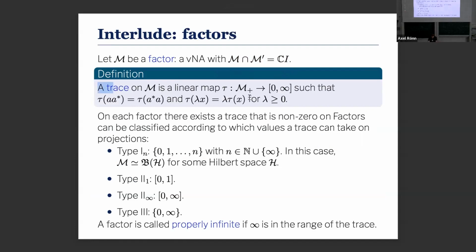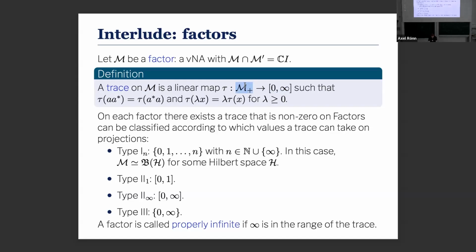And this definition here: a trace, or maybe a tracial weight is a better name, on M is a linear map from the positive elements to 0 up to infinity, so it can be infinity. By linear map, I really mean that if I take the sum, the trace of a sum of elements is the sum of the traces.